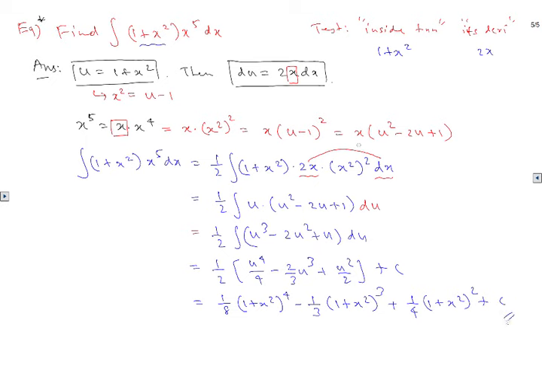And you can see that for this problem, you really don't want to do it this way. You can just distribute through, because you can distribute by 1 plus x squared, multiply by x to the 5th, and then you get 2 terms.